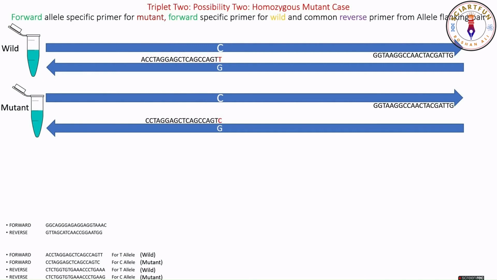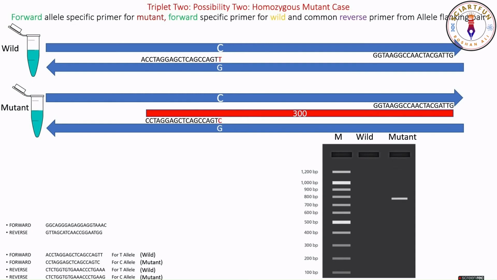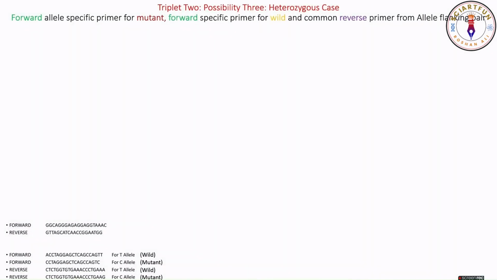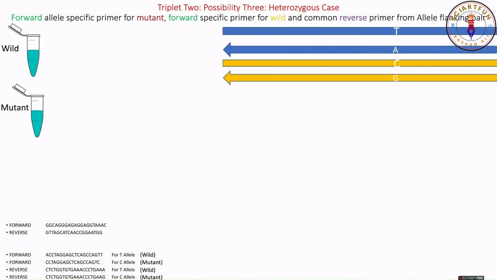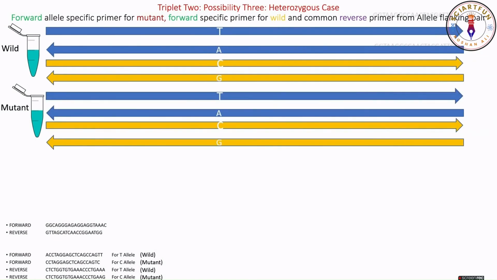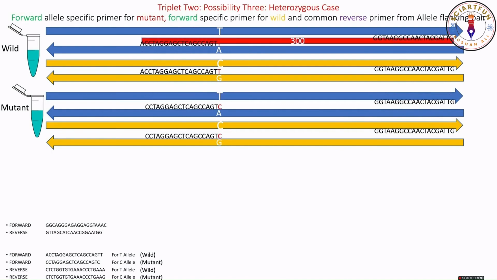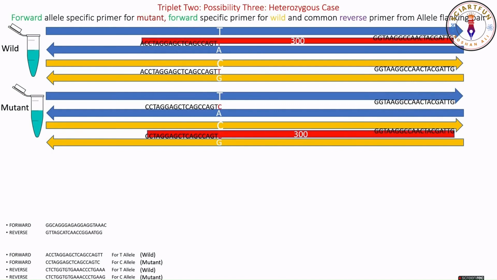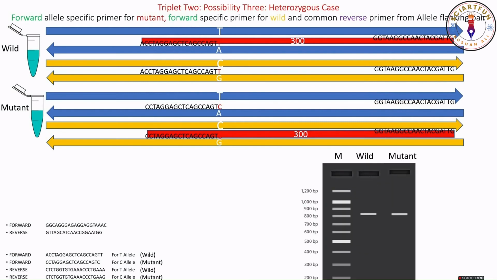In this case you will only get a 300 base pair for mutant allele only. Here again both of your alleles will be amplified and both the bands can be seen on the gel.